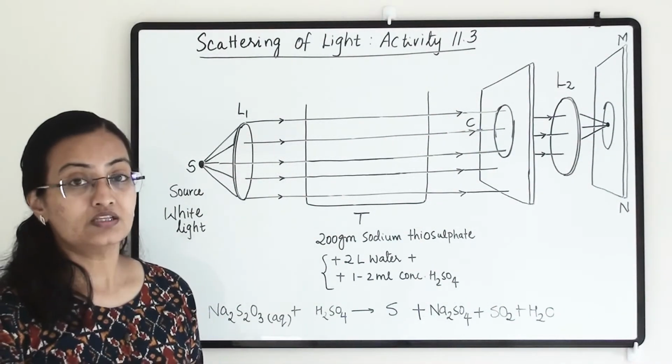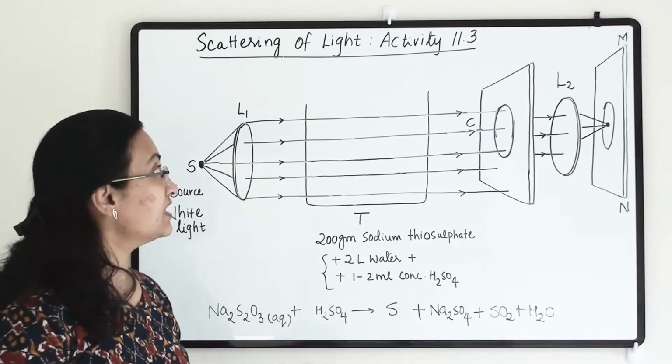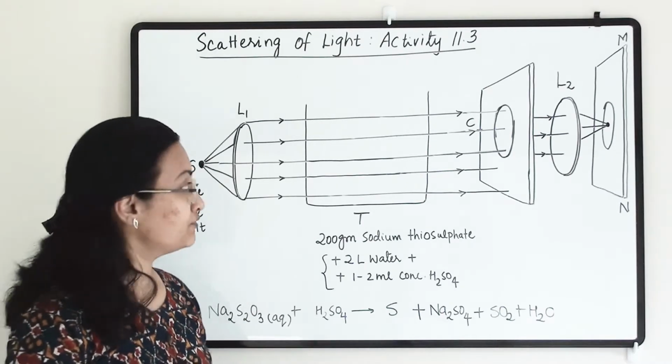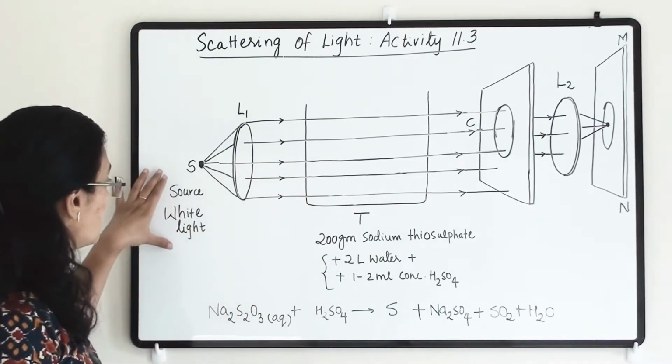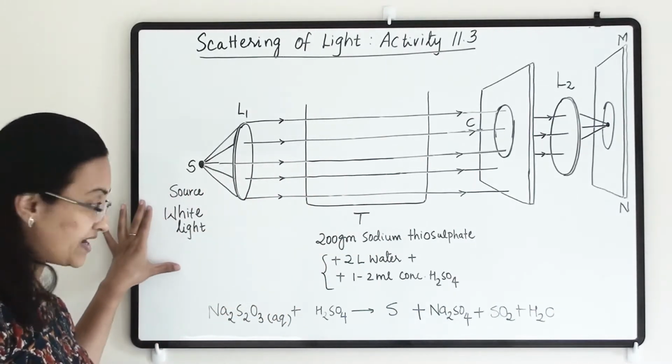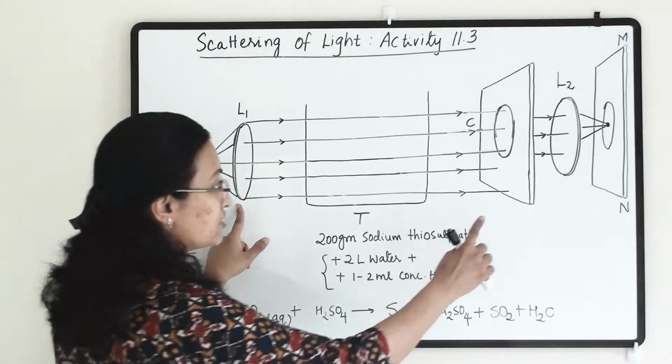Scattering of light: we are going to understand this phenomenon with the help of activity 11.3. This is the setup in which we have taken a source of white light. After that we have taken two lenses.